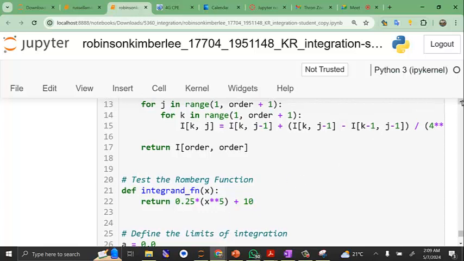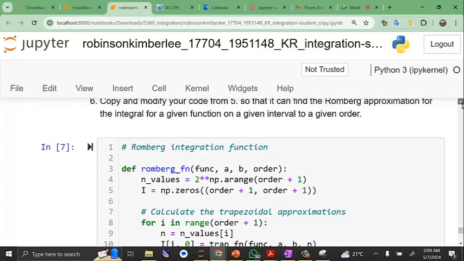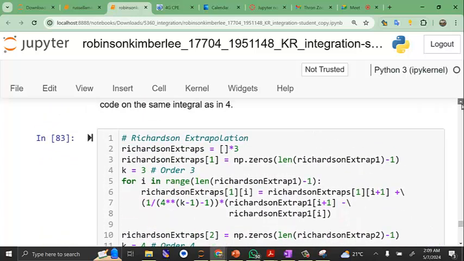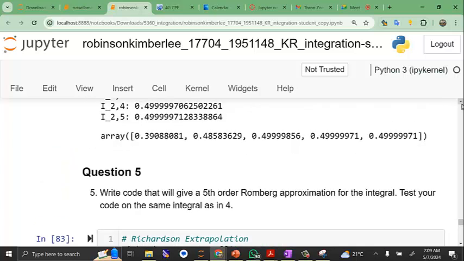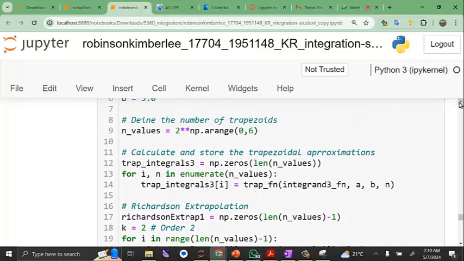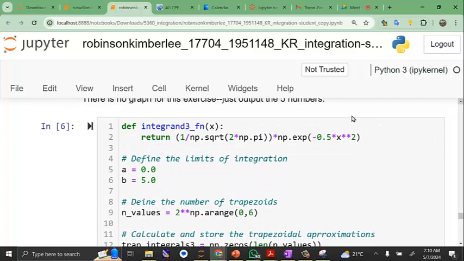I should test it on this function here. Where's the function? Do we have a function here? Oh, same integral as in 4. So it should be the same integral here. So let me grab the function from here. Okay, here we go.